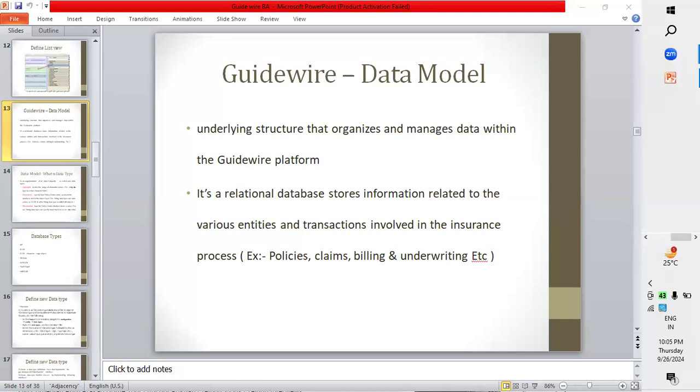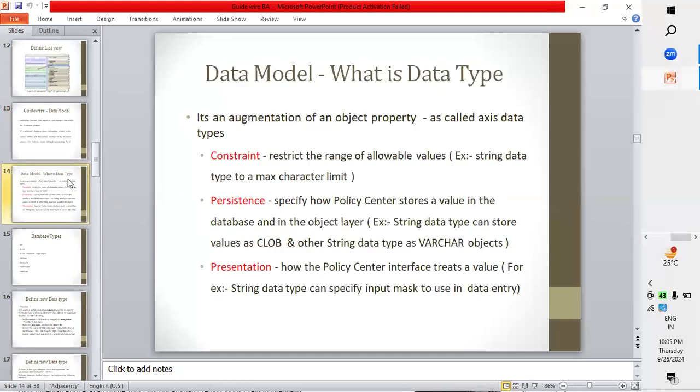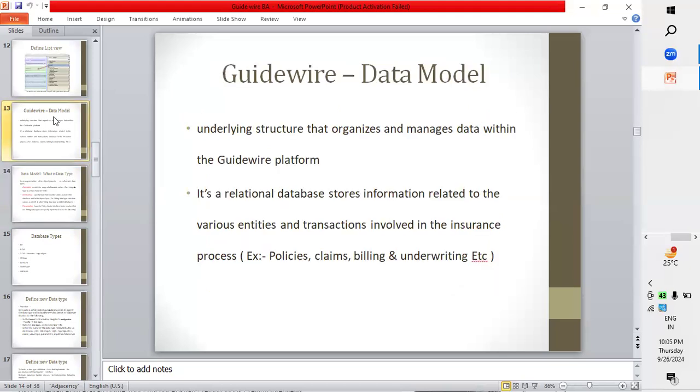In this regard, first of all, we must know what a data model is. Next, what the different data types are, followed by what the different data model types are.